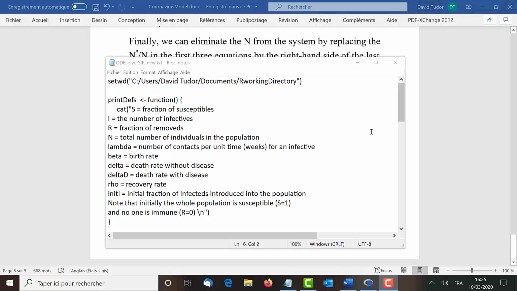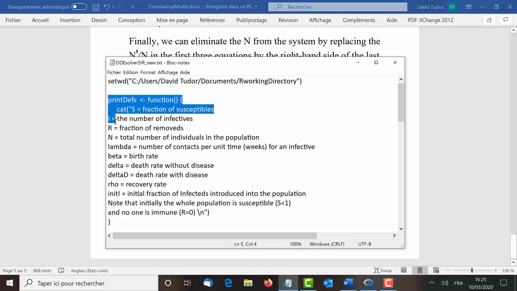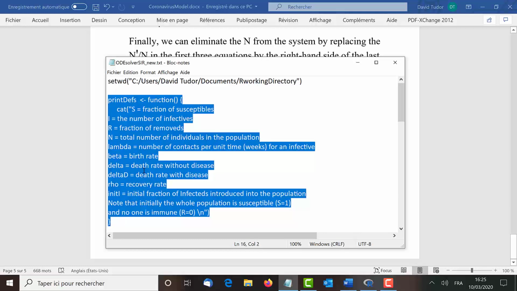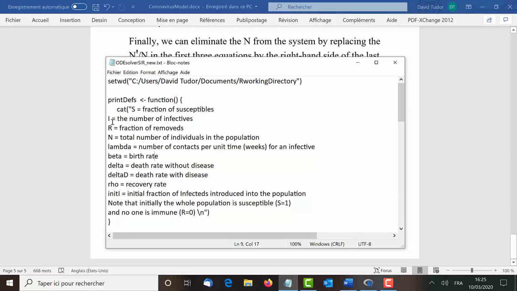So here the first thing I've done is to write a function that allows us to print out the definitions of all the terms that we'll be using in the models. So you can see the S and I and R in there. And the most important for us, as we play around, will be the lambdas, number of contacts per unit time, births and death rates, and so we can review that at any particular time we want to.